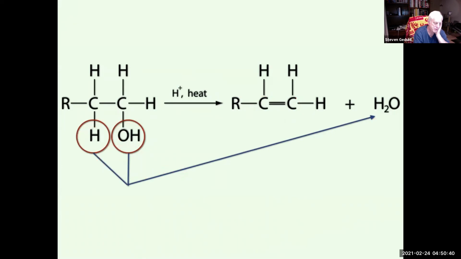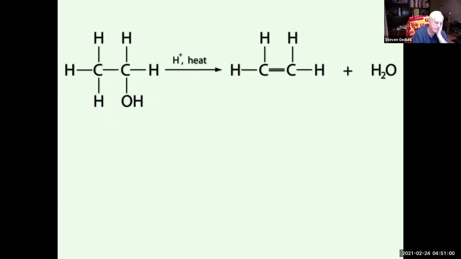Get rid of some of those marks. Okay, perfect. So you can see you've taken this OH and H and formed water, and the electrons swung up into here to form your double bond. Now let's use ethanol, add acid and heat.